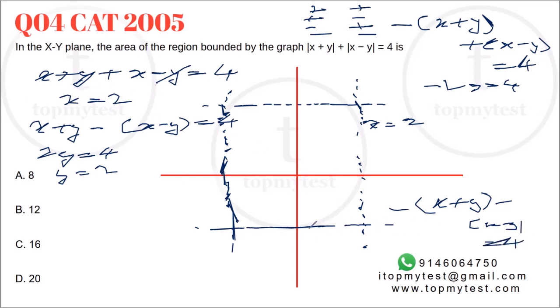So this will be your vertical line on the negative side. Again, this is a square. What is the distance between two sides? Distance between the two sides, which is basically the length of the side, x is equal to 2 to x is equal to minus 2. So the distance is 4. Area will be 4 square. Option C, job done.